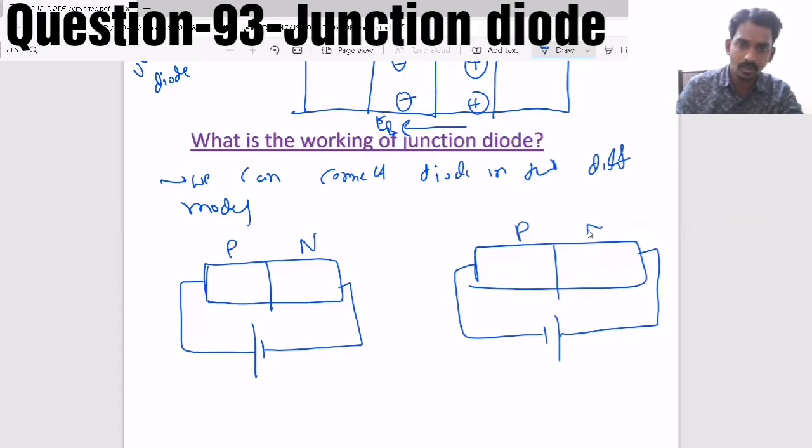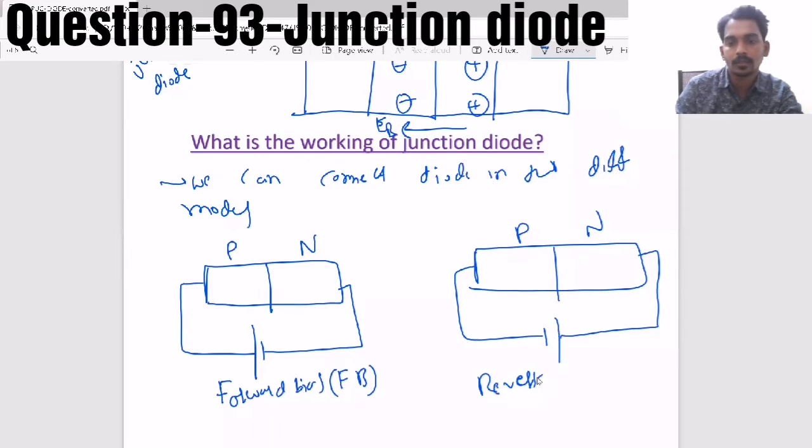This is called forward bias, and this is called reverse bias. So you can connect in both ways.